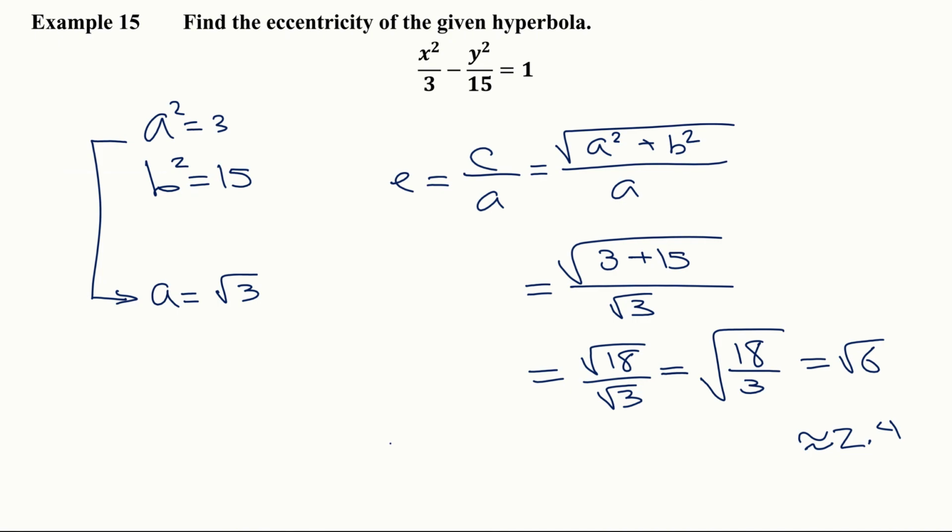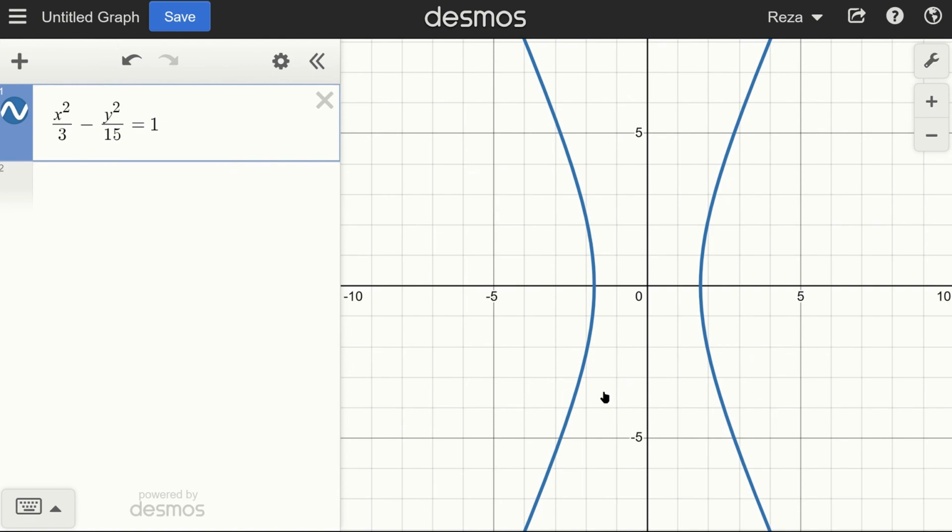So this deviates quite a bit from being circular. If we look at it on a graph, you'll see why. All right, as you can see here, it's quite an elongated hyperbola, and that's why you can see the eccentricity was so large.